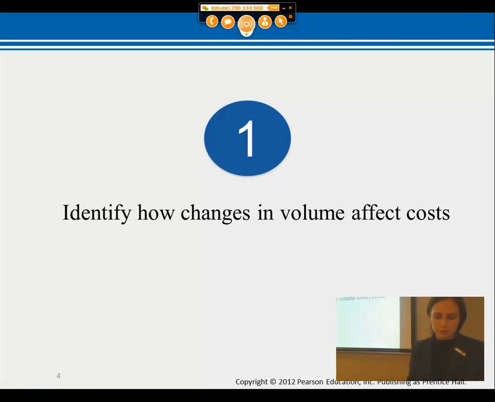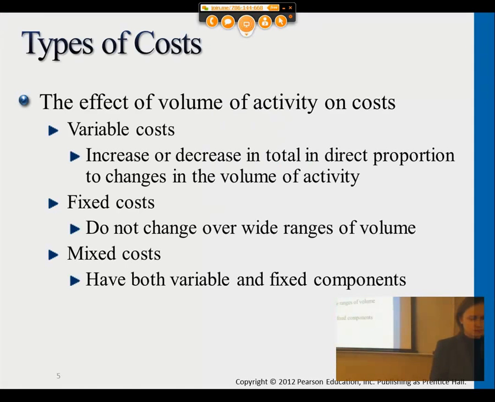the first one. We want to identify how changes in volume affect our costs. Okay. So some costs, just like your cost of goods sold, they increase as the volume of production also increases, right? And some costs do not. So what we want to figure out here is which costs are affected by the increase in volume and which are not, and how do we deal with them?